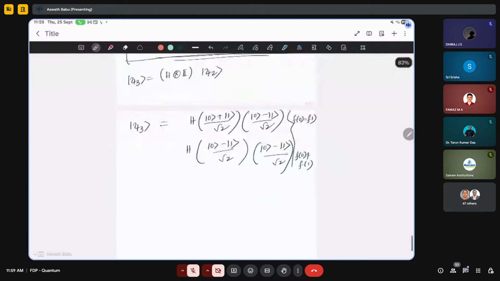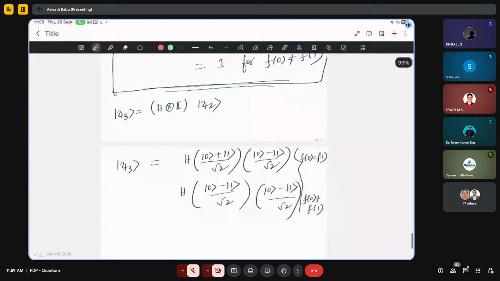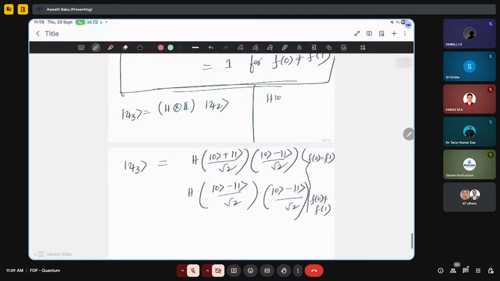Now, as we know, remember Hadamard action gives you a superposition state, that is 0 plus 1 divided by square root of 2. If you act Hadamard again, you are going to get back 0. Similarly, Hadamard acting on 1 gives you minus ket.